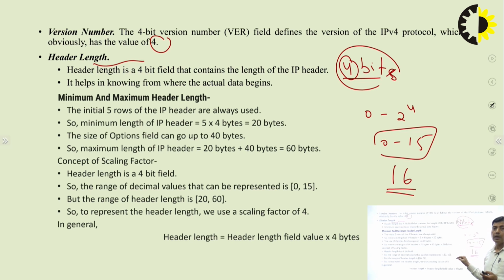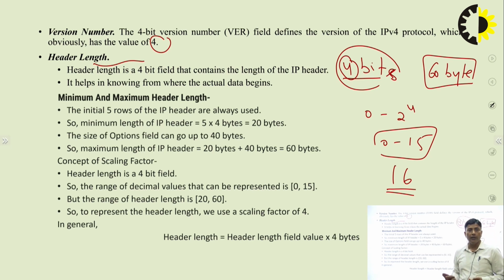So here is the concept of the scaling factor. We know that the minimum size of the header is 20 bytes and the maximum is 60 bytes. That cannot be represented by these 4 bits, because by using 4 bits only up to 16 can be represented. So the scaling factor is the 4 here. The value in the header length is multiplied by 4.